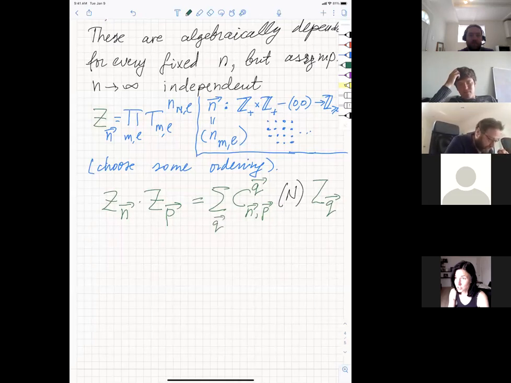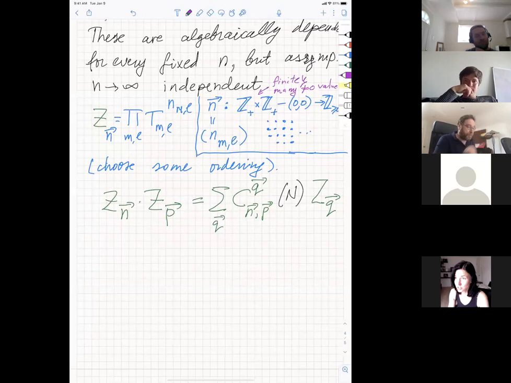And so, as I said, this function takes only finitely many non-zero values. So this means that these products are finite. And so then if I multiply these things, if I take n very large, there is only one way to write this involving z_q's, also with the bounded size of this q.